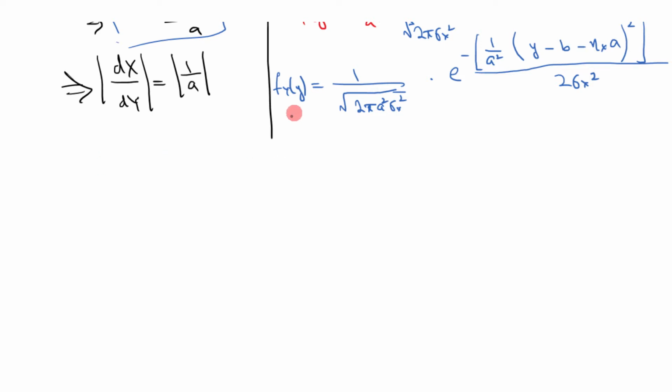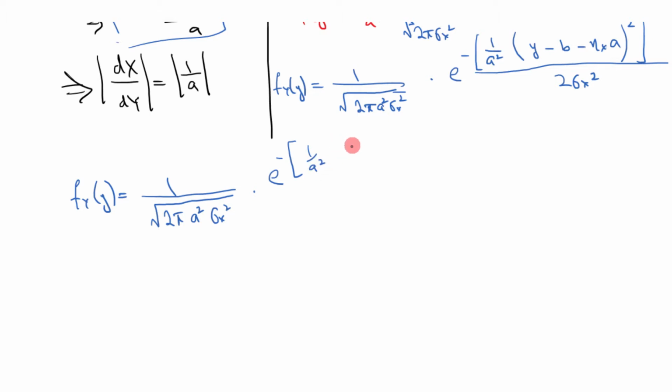So further simplifying it, our density function of y is equal to 1 over under root 2 pi a square sigma x square into e raised to power minus 1 over a square into y minus b plus a average of x, whole square divided by 2 sigma x square.